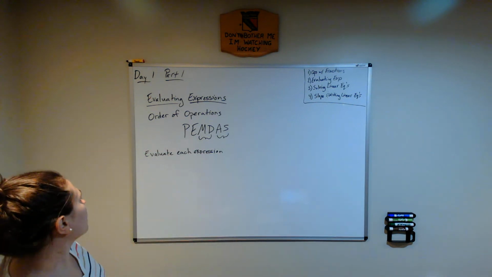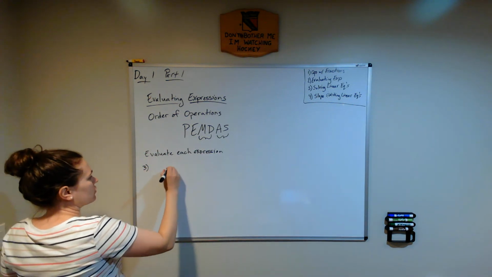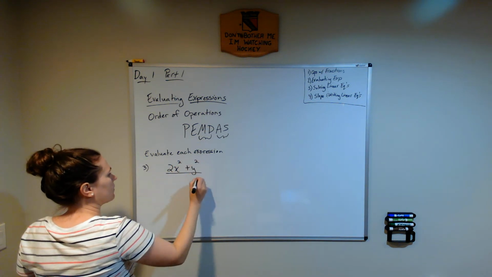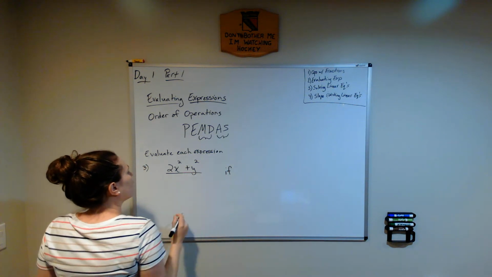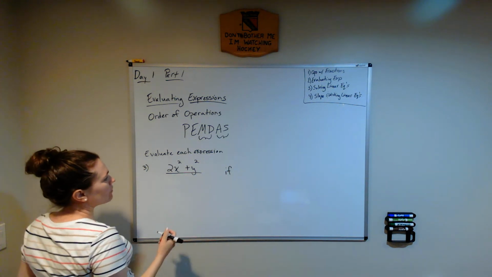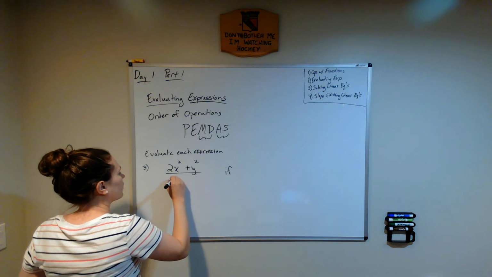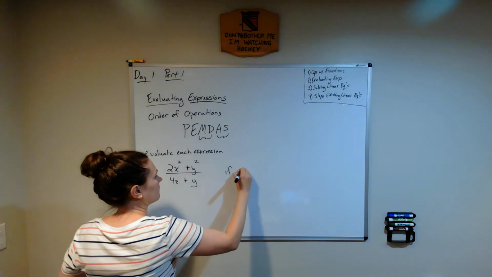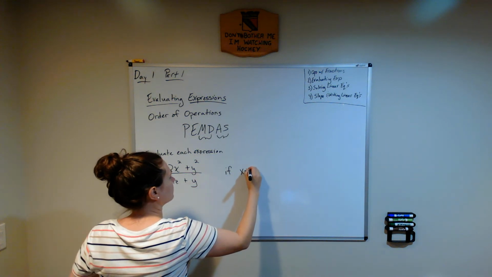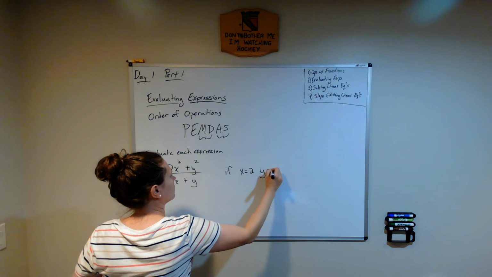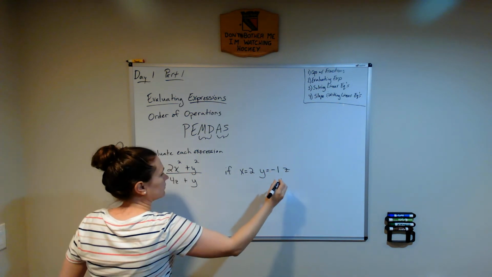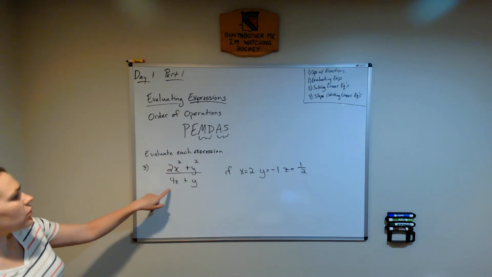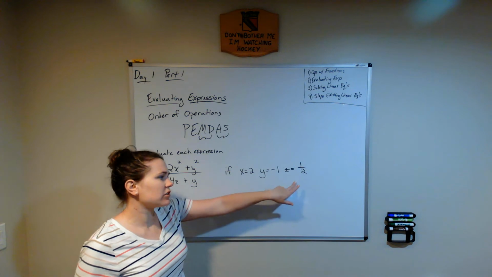Okay, so we're going to evaluate number 3, let's do 2x squared plus y squared over 4z plus y if x equals 2, y equals -1, z equals 1/2.